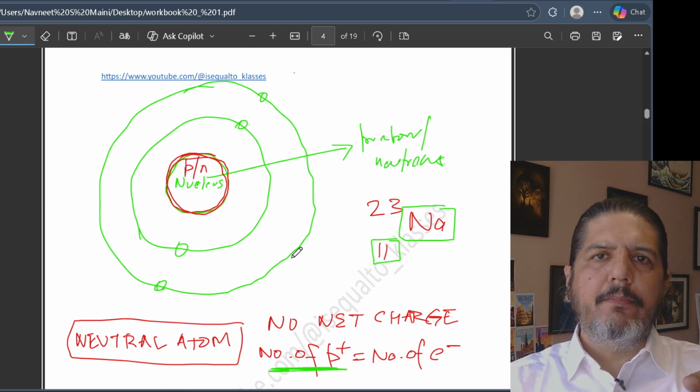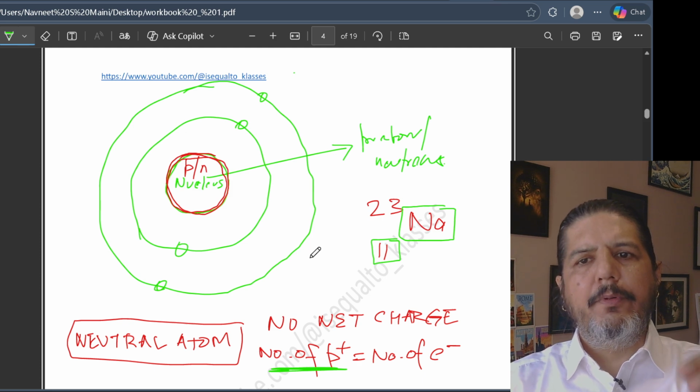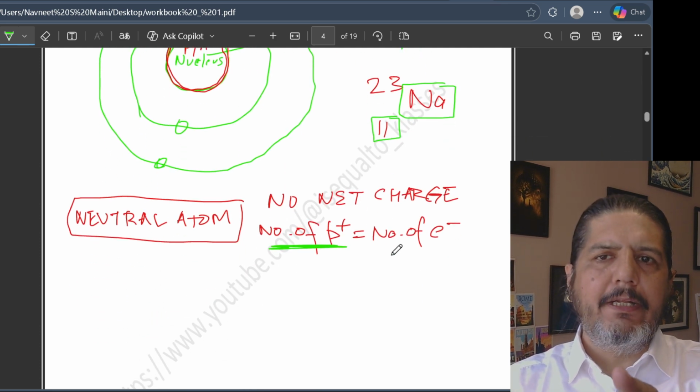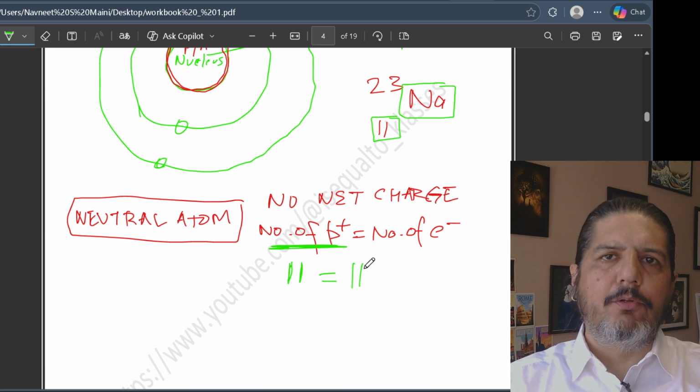Now, in a sodium atom which is neutral, the number of protons would be equal to the number of electrons. So 11 is the number of protons, and a neutral atom of sodium will have 11 protons and 11 electrons.